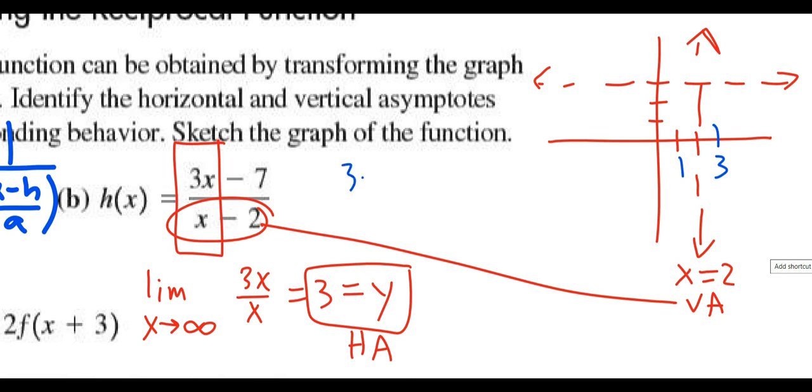So what do you get? 3 times 3 minus 7 over 3 minus 2. What'd you get? 2. So at 3, we're at 2. That puts me, folks, below the horizontal asymptote.